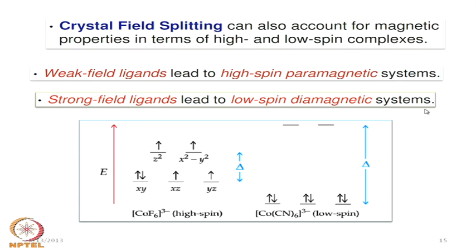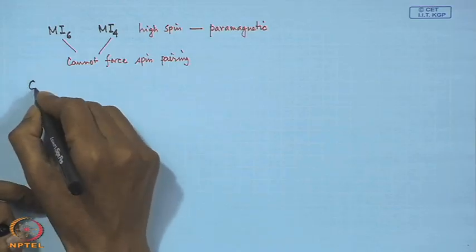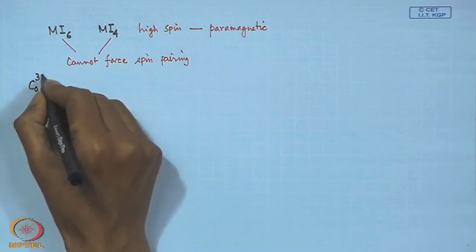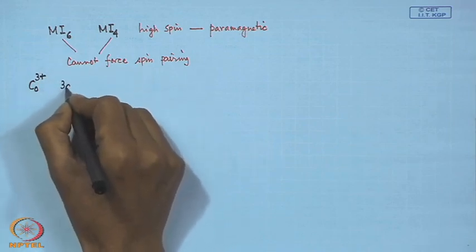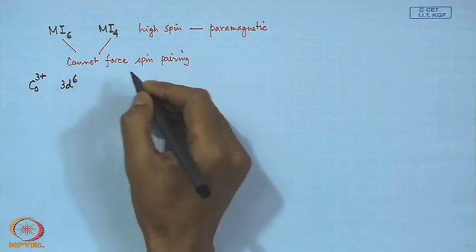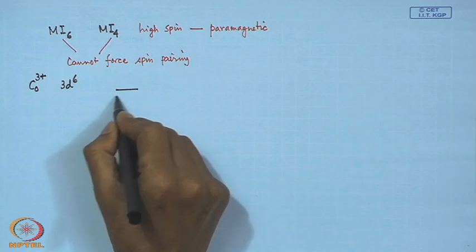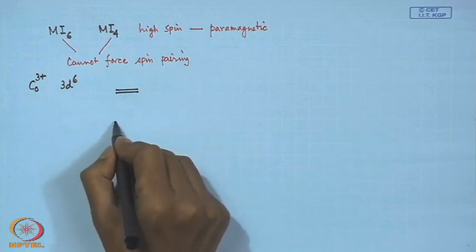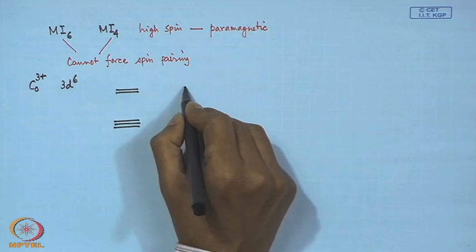So, in this situation we have cobalt 3, the trivalent cobalt, a 3d6 situation, and we can have the levels like t2g and eg.